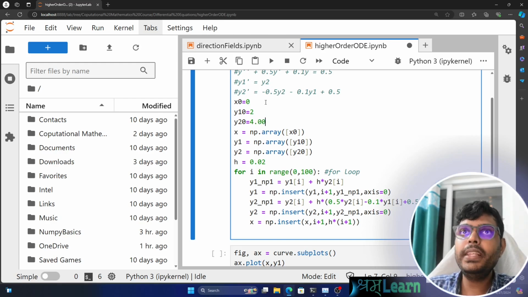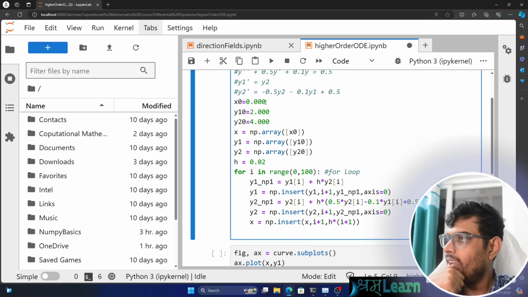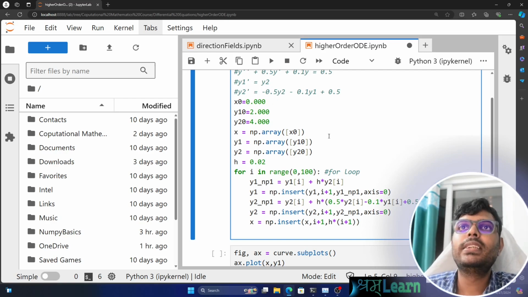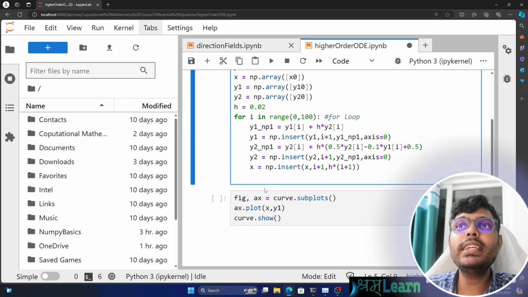So please provide the initial values as decimal points, otherwise things won't work. In my case it's not working. Why? I don't know. That is something to do with numpy d type. I will have to check it. Okay, so can we go ahead?